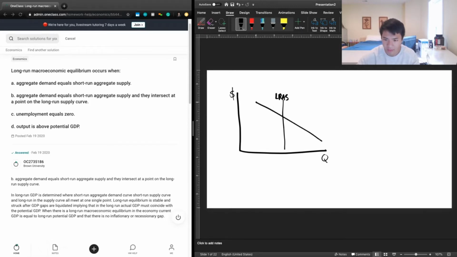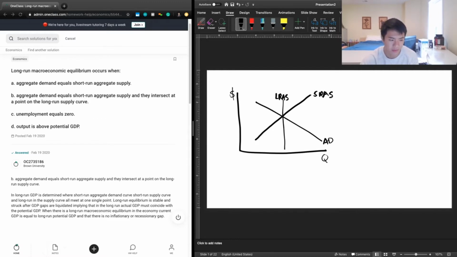We're going to have aggregate demand, although we typically think about this in the short run because aggregate demand doesn't have a long run value, and then intersecting at the exact same point we have short run aggregate supply. And so this is what we would say is the long run condition for the dynamic aggregate demand aggregate supply model. And the reason is because all three lines are intersecting at the same place.